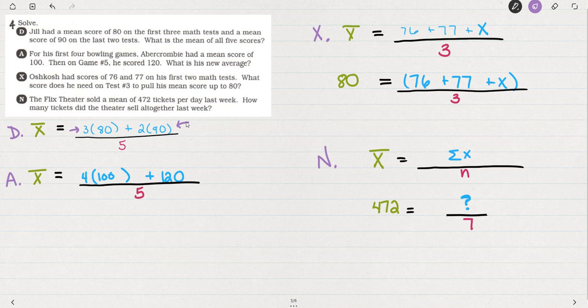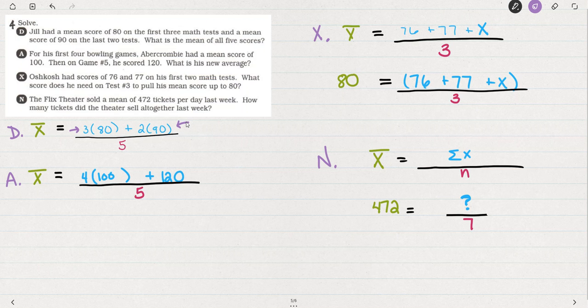So our total point accumulation is going to be 3 times 80 plus 2 times 90. If we divide that by the 5 tests, we'll get the X bar. For example A, we do it the same way, 4 times 100 plus that 5th score of 120, divide by the total of 5 games, and that'll give us the X bar, the mean.